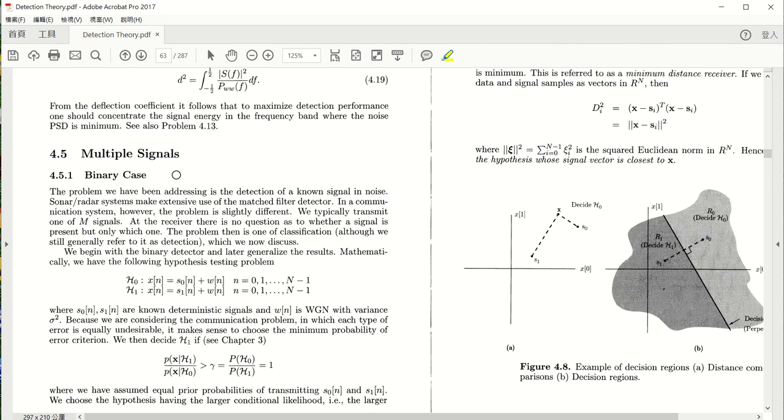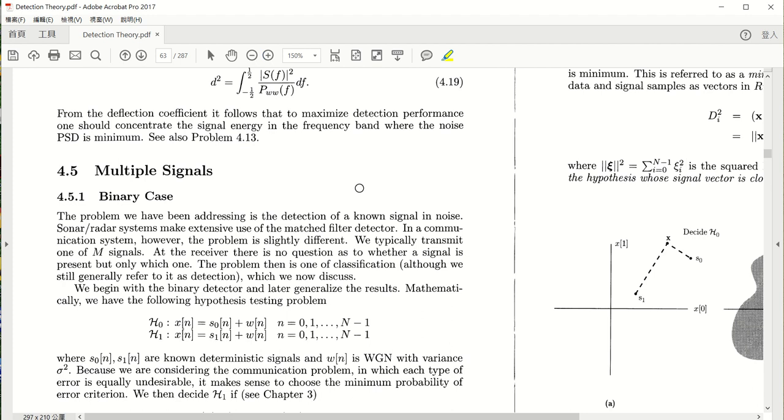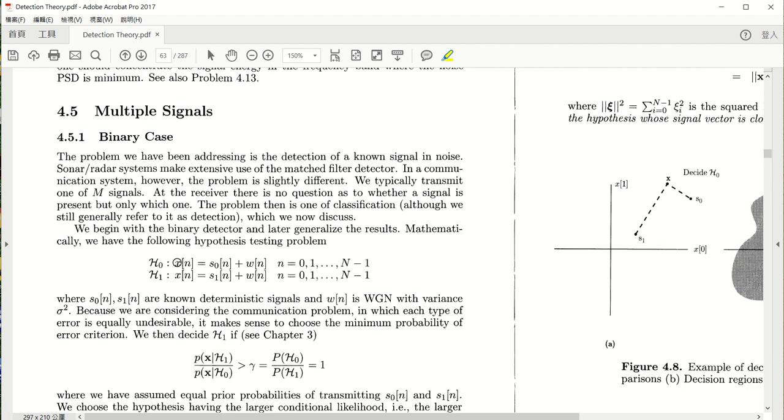That's the fundamental question, and we have been asking it from day one of this class. So in the binary case, we will have H0 and H1. That is the basic one.